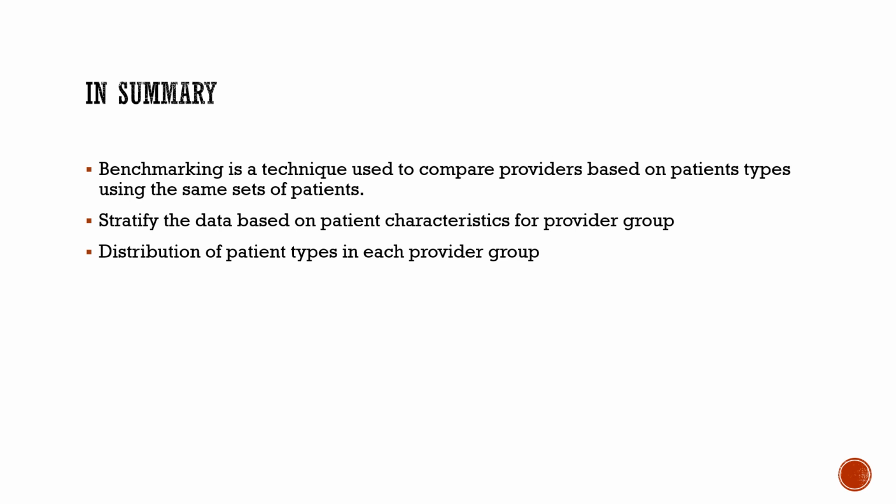In summary, benchmarking is a technique used to compare providers based on patient types using the same sets of patients. In this presentation, I first created our strata based on HCC and DRG measures for each of our provider groups. Then I calculated the probability of observing patient types, aka the distribution in each group.